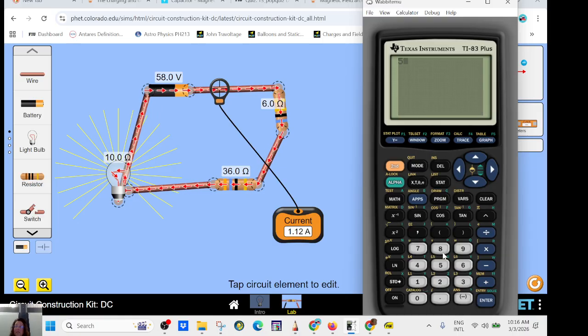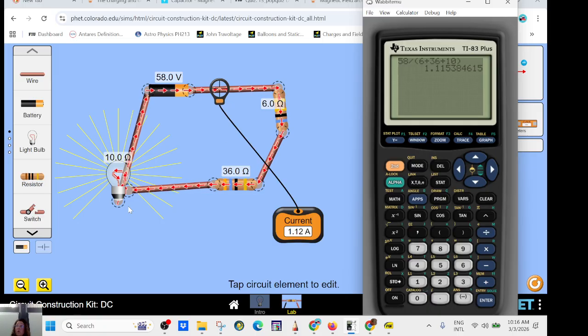So the power supply is 58 divided by the equivalent resistance, 6 plus 36 plus 10, and you get about 1.12. The equivalent resistance in a circuit in series is always larger than the largest one.